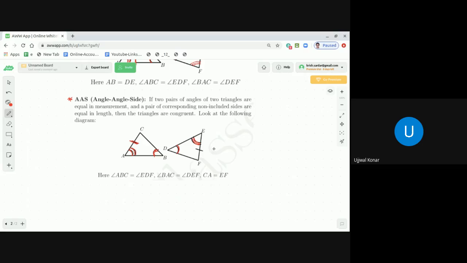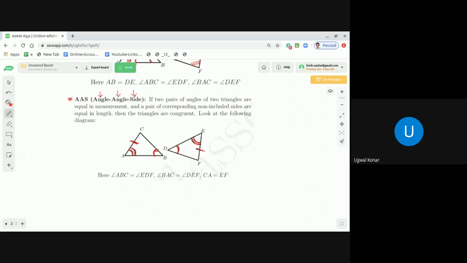Similarly, for the other triangle DEF, the two angles we are considering are EDF and DEF, and the side EF is not included between these two angles. Now, if these two sides which are not included between the two angles under consideration are equal, then we can say these two triangles are congruent to each other. That is why it is called angle angle side. That means you are taking two angles first, and a side which is not included between them.